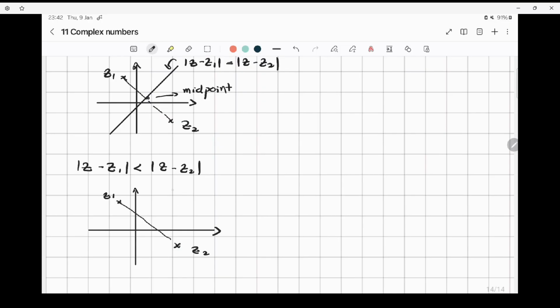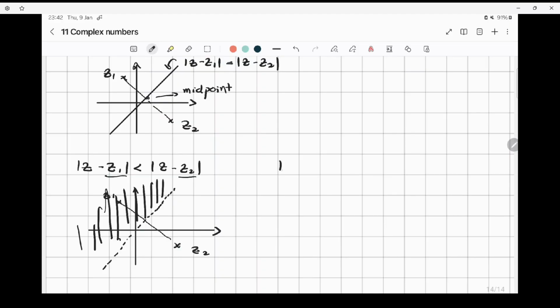Okay, so here you need to be careful because there's no equality sign, so you need to draw the dotted line. So now the distance from z1 is smaller than the distance from z2. So this is the region that you need to shade.